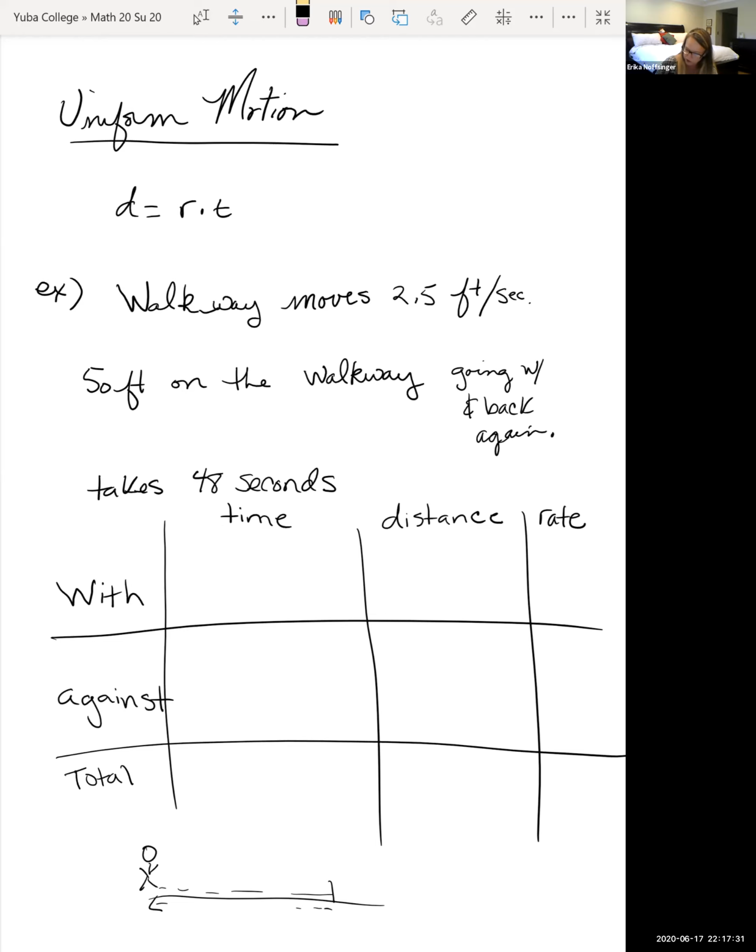So we know the total distance together is 50 feet. And we have against and with. So, well, if the distances are the same, I can reason that this is half the distance, which is 25 feet.